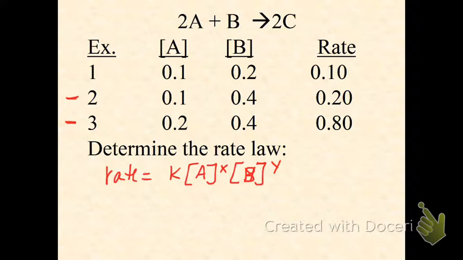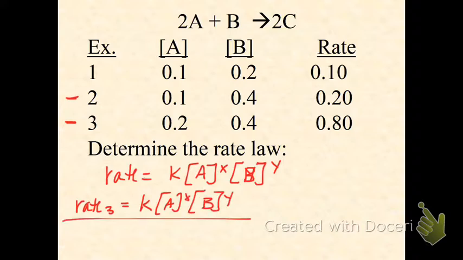So rate of 3 is equal to k[A]^x[B]^y over rate of 2. How did you choose to use 2 and 3? Because in 2 and 3, I'm doubling the concentration of A, but I kept B constant. Yeah, it's going to make my math a lot easier.